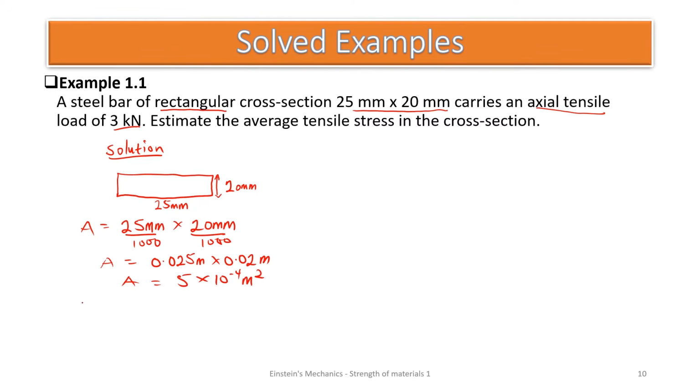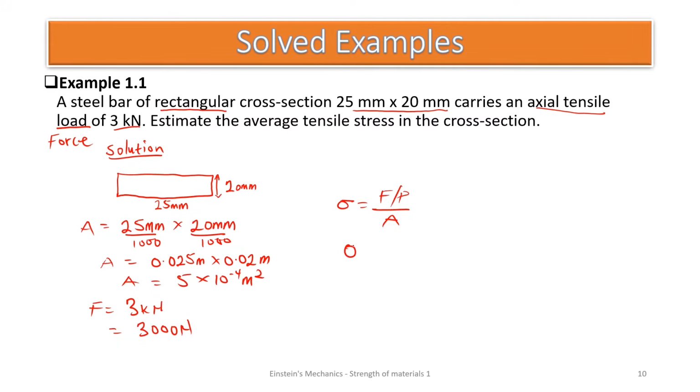We have the area. And the force, I told you in the other slide, can be the load. So I have the force F to be 3 kilonewtons, which is the same as 3000 Newtons. Remember your prefix. I can proceed and say that the average tensile stress is the force, or P, over the area.